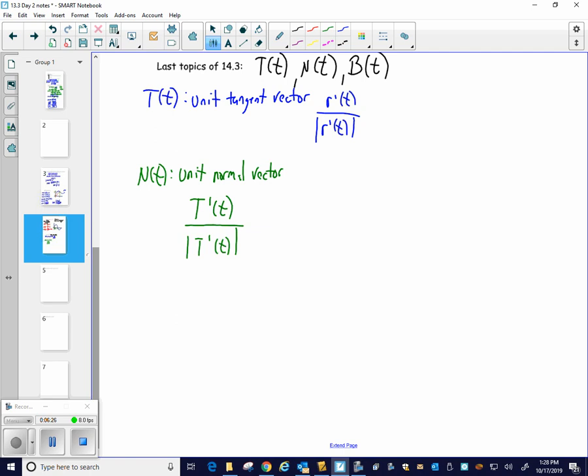So the question might be, well, why is that? If you remember, we kind of talked about this up on the first page, recall that T(t) dotted with T'(t) equals 0, which means that T(t) and T'(t) are perpendicular to each other.